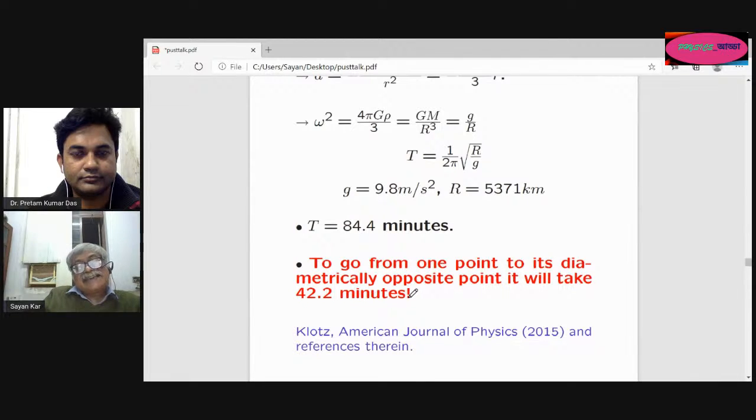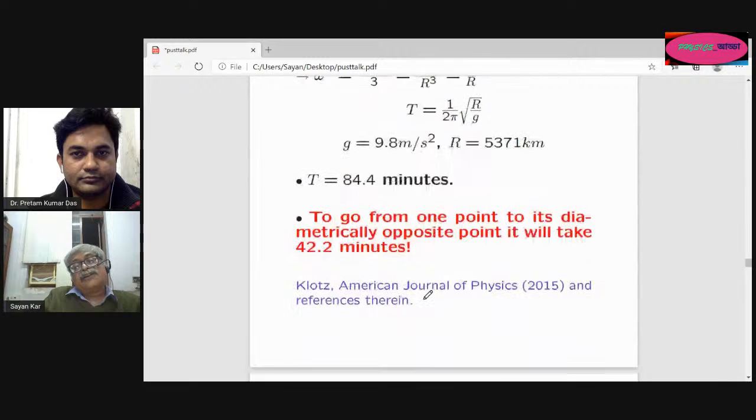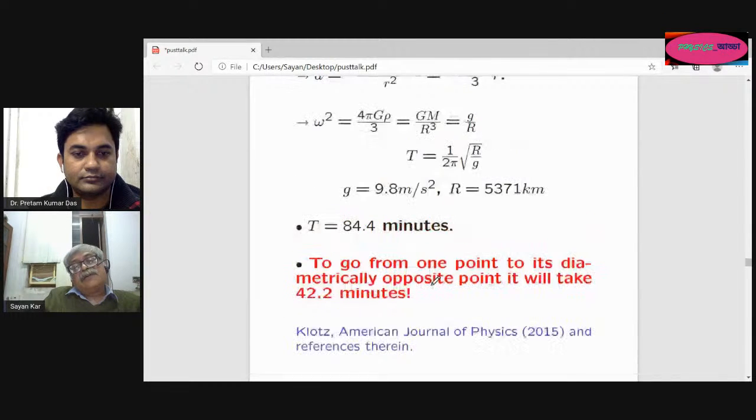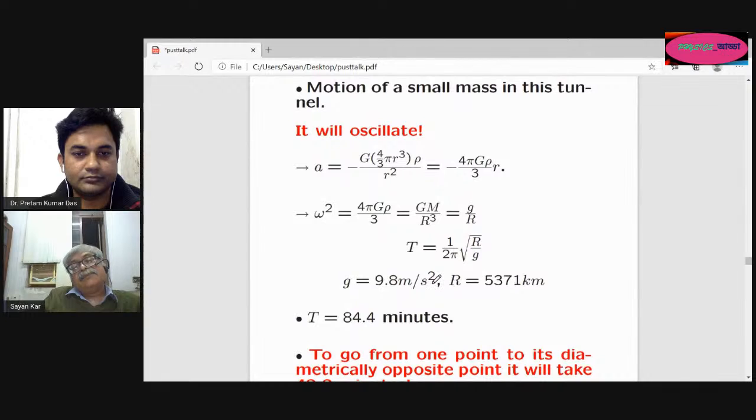So this is what is called the gravity train problem, and there has been lots of work on this. For instance, in this reference in 2015, you will find a model where you don't take into account the constant density of the Earth, but a varying density of the Earth.